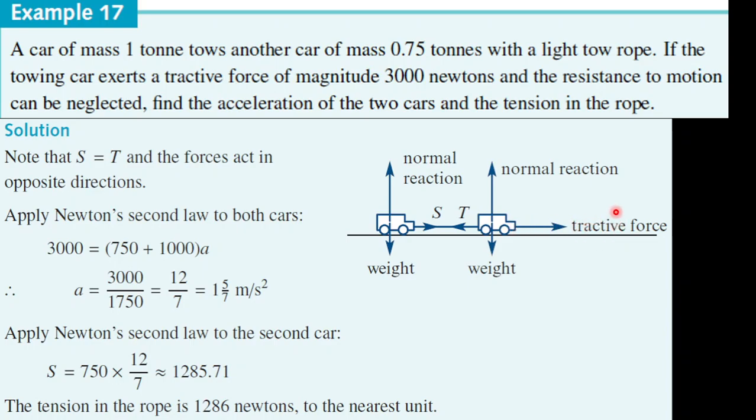Positive is to the right, so that gives us, from the second law of motion, the value A. Secondly, we apply the same law, but this time to the second vehicle, and since we have already determined the acceleration, we can determine the amount of the tension in the rope.